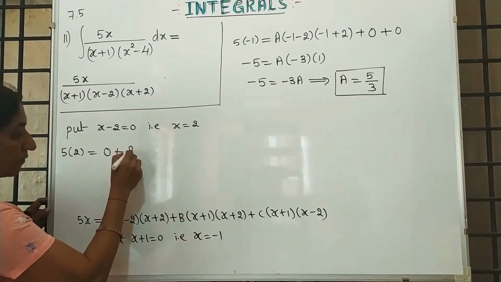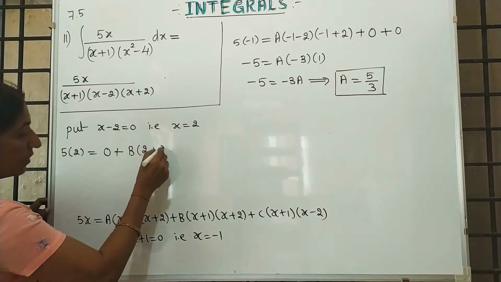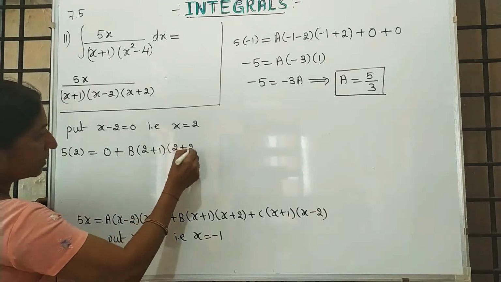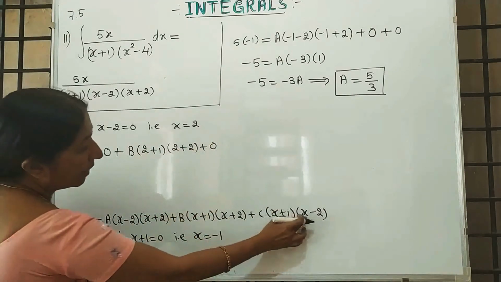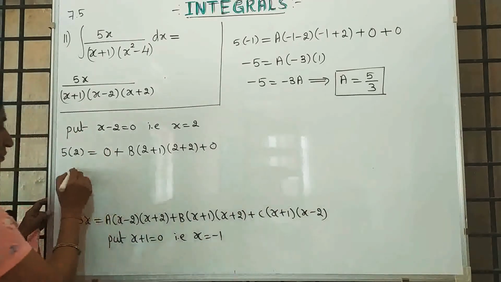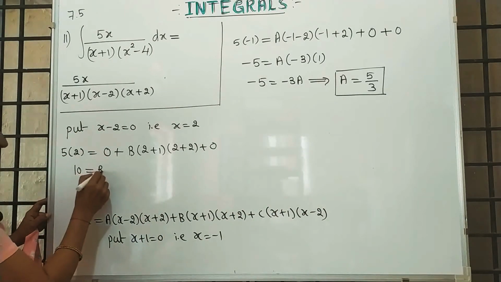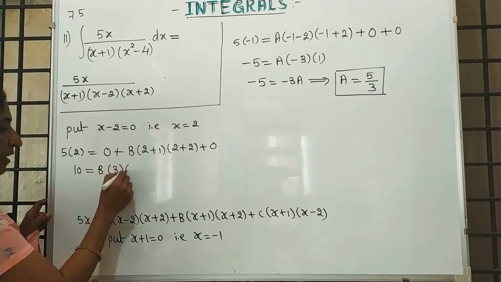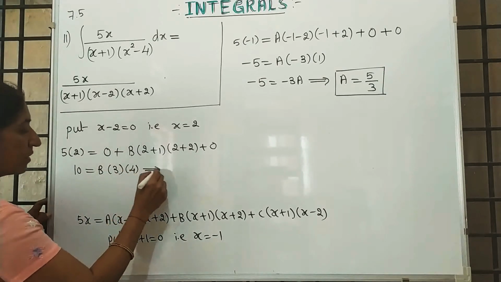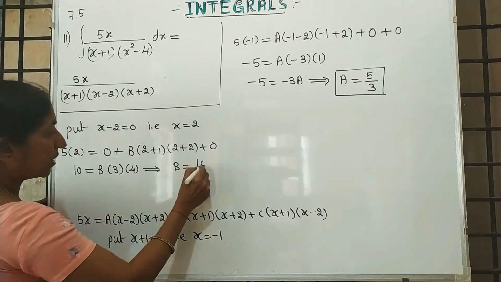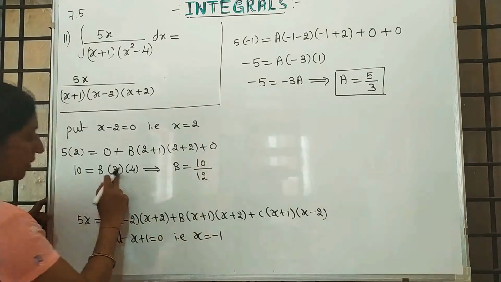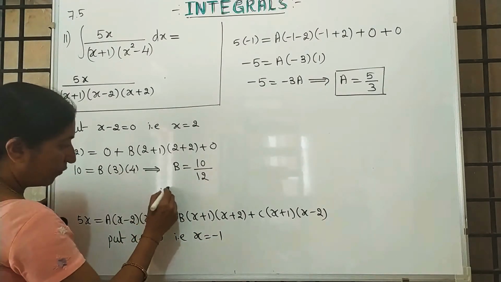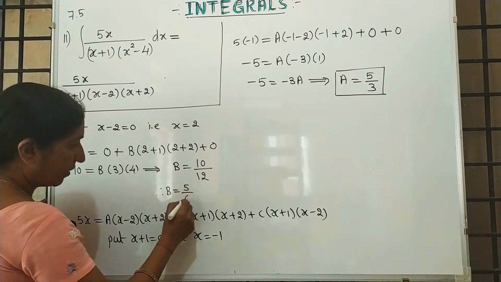B into (2 plus 1) into (2 plus 2), and C is 0. Why? 2 minus 2 is 0. This is 10 equals B into 3 into 4, which implies B is equal to 10 upon 12. Therefore, B is equal to 5 upon 6.